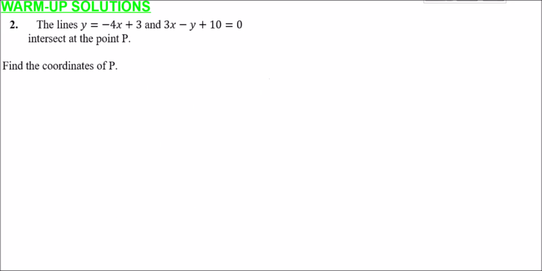Question 2, we have two lines that are intersecting at a certain point. We need to find that point of intersection. So there's a few ways of doing this, as almost always for different elements of maths. What I'm going to do first of all is take this equation here and rearrange it so it's y as a subject, like this one is. So if I add y to both sides, I get y equals 3x plus 10.